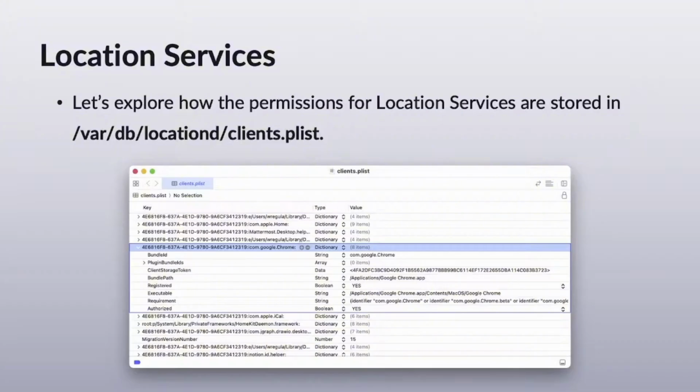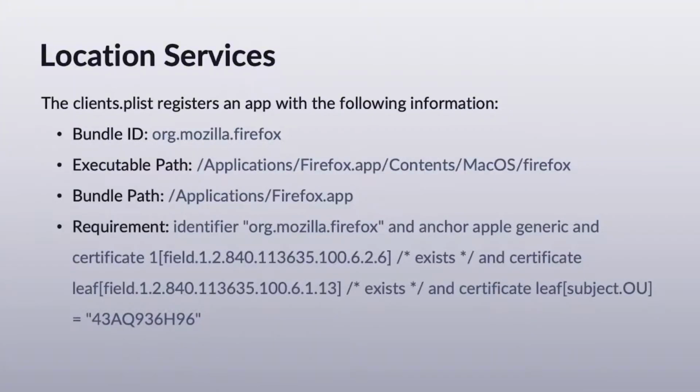Let's extract it to a more readable form. Let's take Firefox, for example. We have the bundle ID, executable path, bundle path, and the code signing requirement in the human readable form, which is great. And which of these do you think is bypassable?